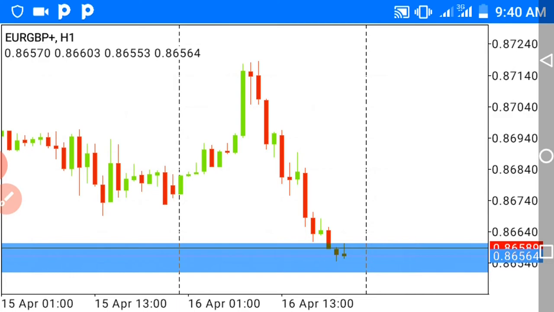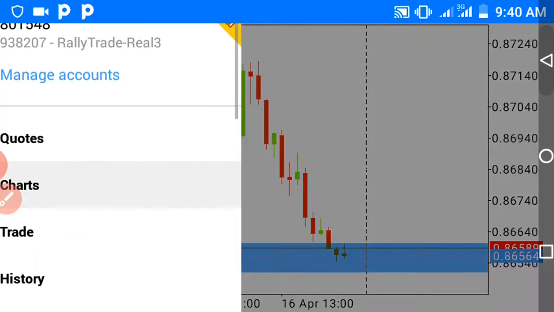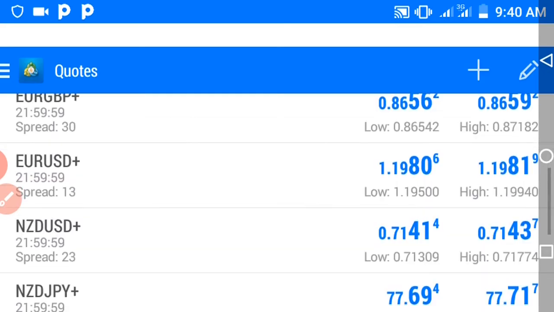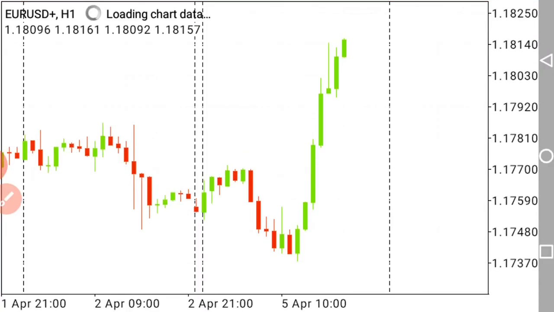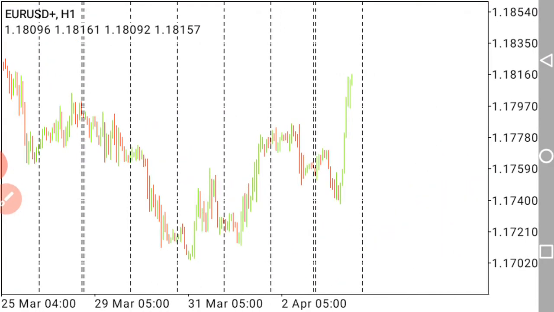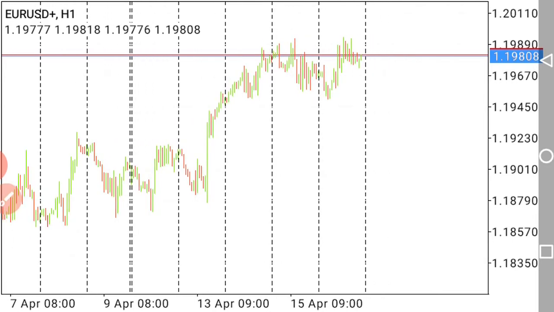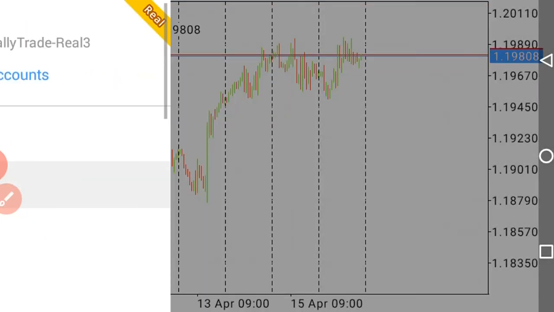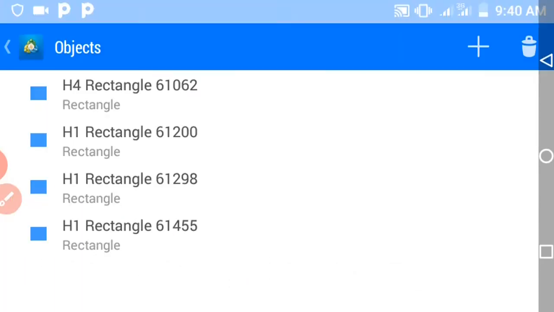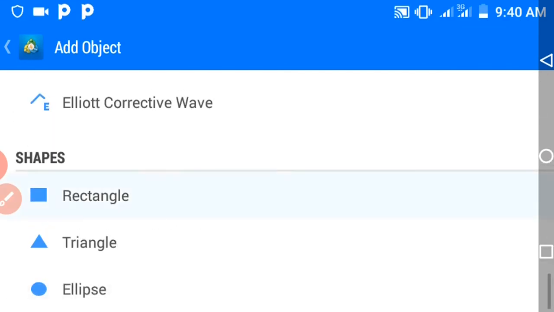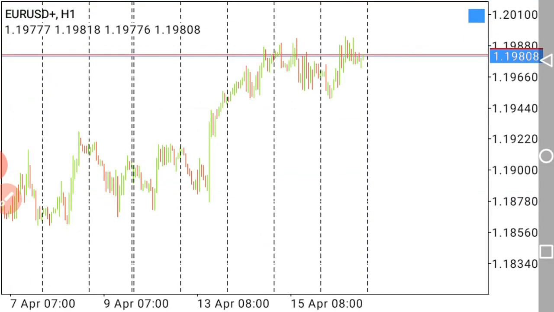So let's go to the next one, which is the EURUSD. Market structure again. And for those that still don't understand what we use, it is the break and retest strategy.